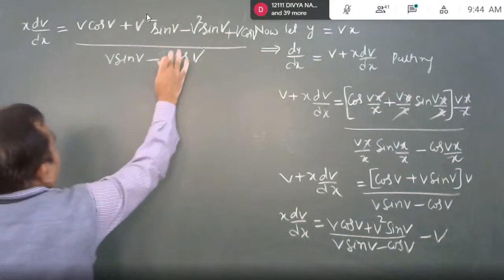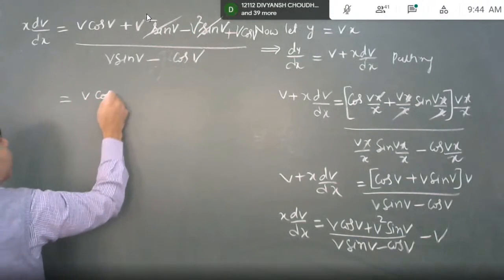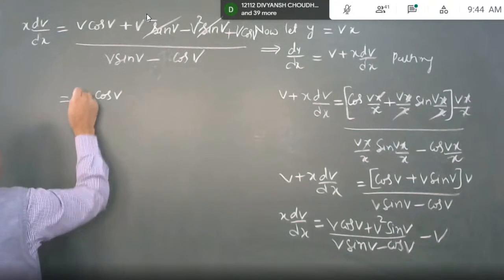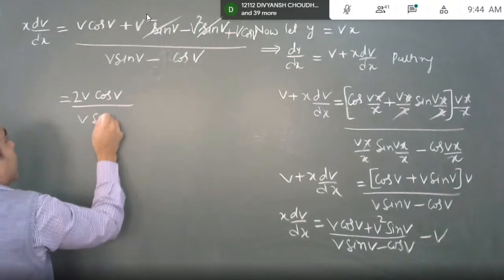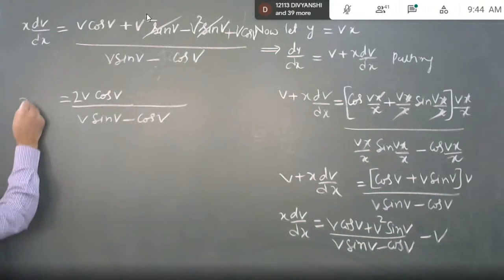Now v square sin v gets cancelled and it remains 2v cos v, whole upon v sin v minus cos v. Separate the variables.